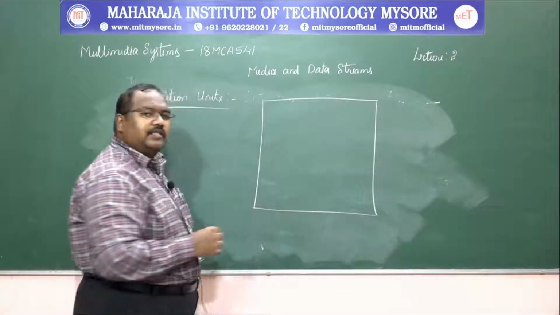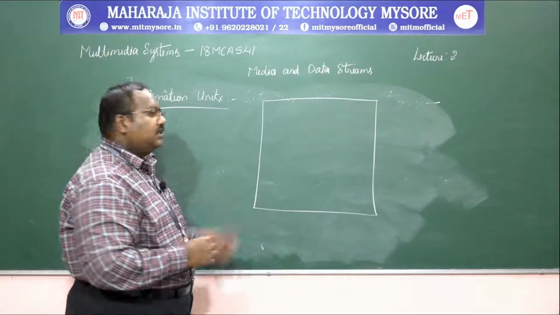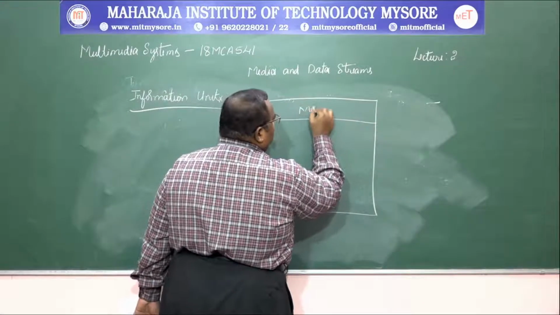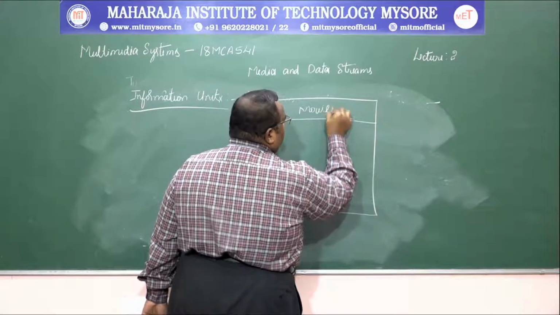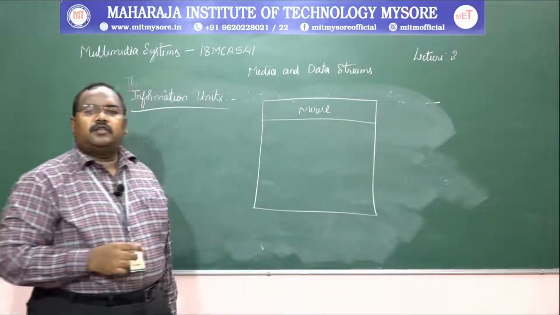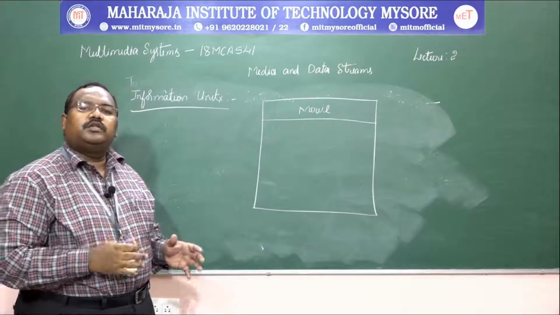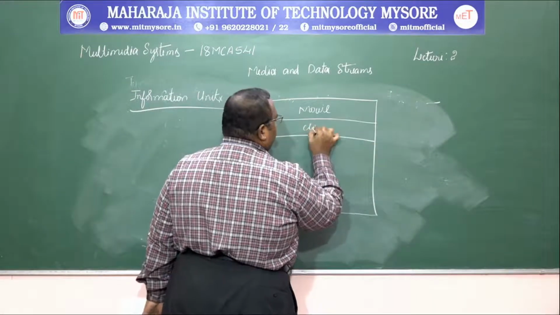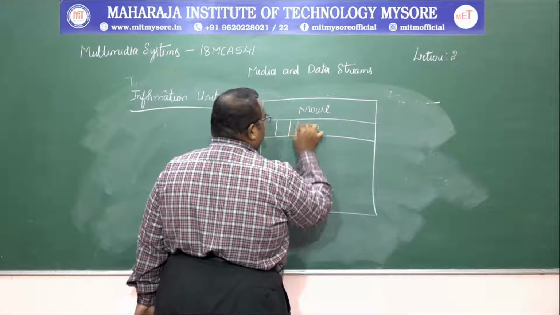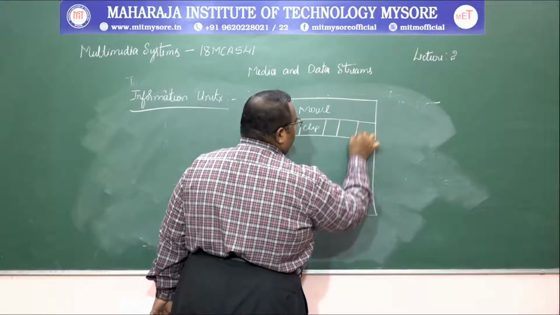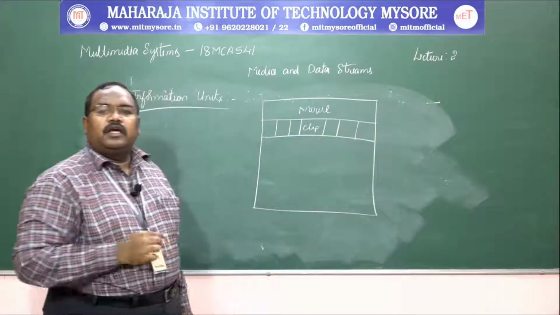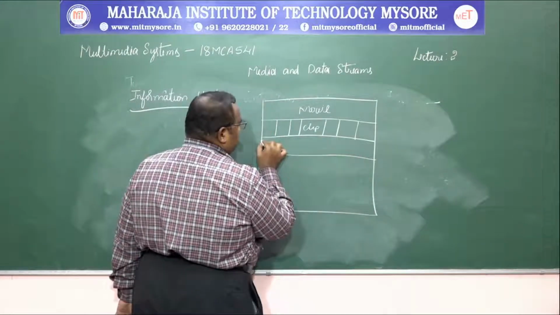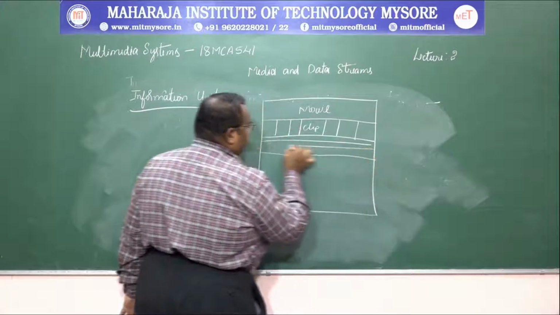When we talk about a continuous media, we can consider a movie for an example. When you consider a continuous media movie, the movie is made up of various clips. And what is this clip made up of? Clips are made up of a set of frames.